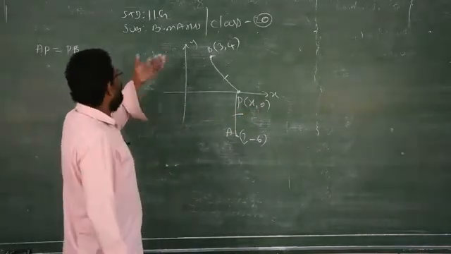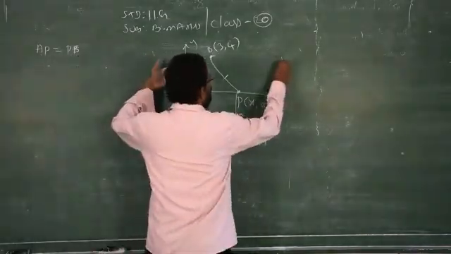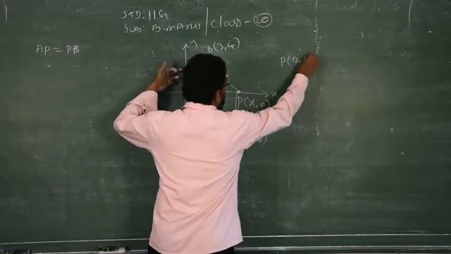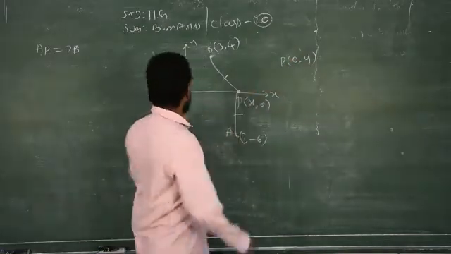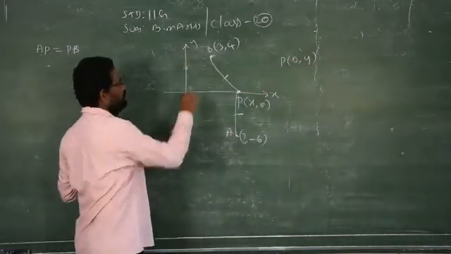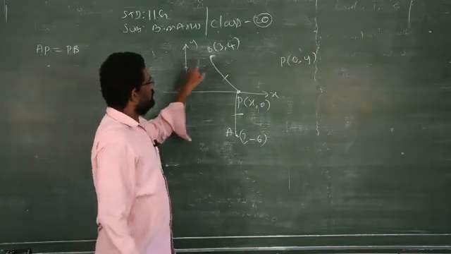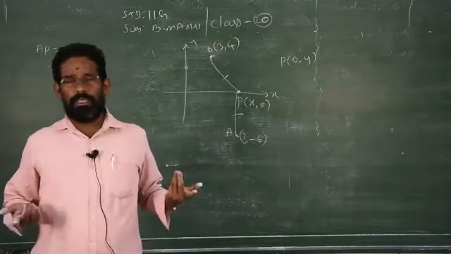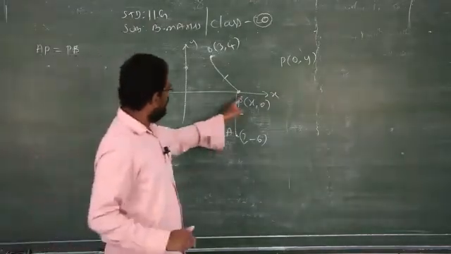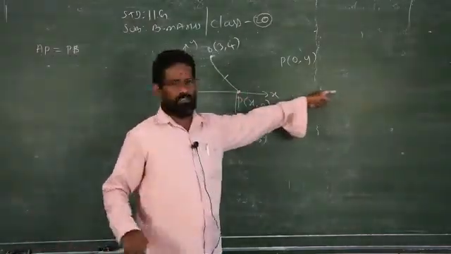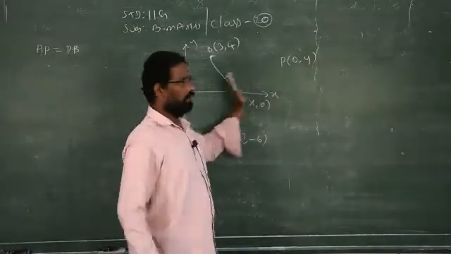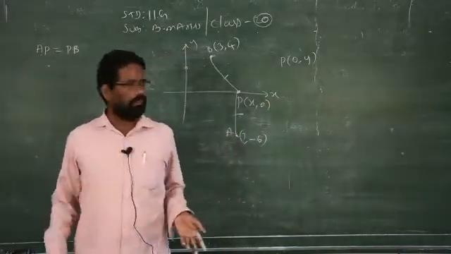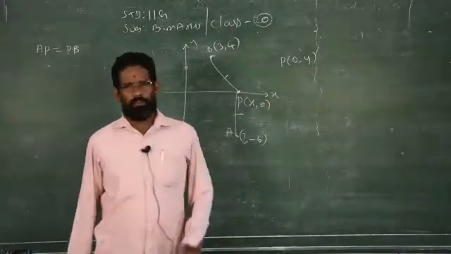If it is given a point on the y-axis, what will come here? 0, y. When the point is on the y-axis, x is always 0 and y will take some value. That we don't know because it is a moving point. This point P lies only on the x-axis, either on the left side or the right side. That we don't know. That's what we call x, 0.